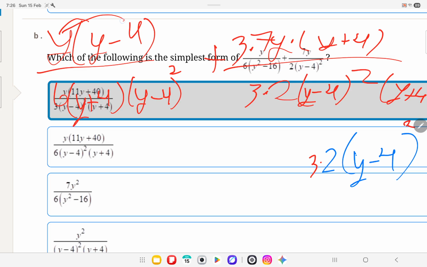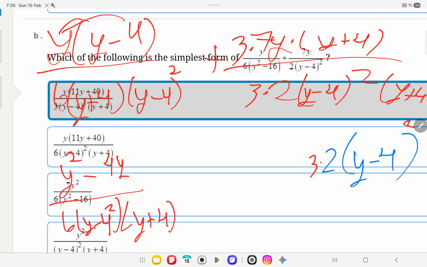So we have to simplify. It'll be y squared minus 4y over 6 times y minus 4 squared times y plus 4, plus, multiply.